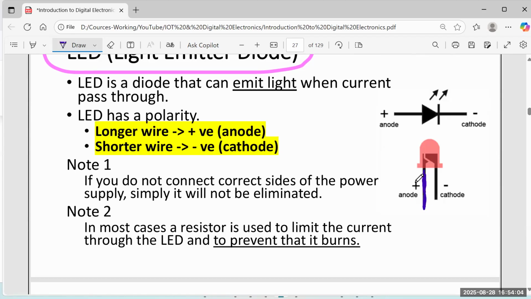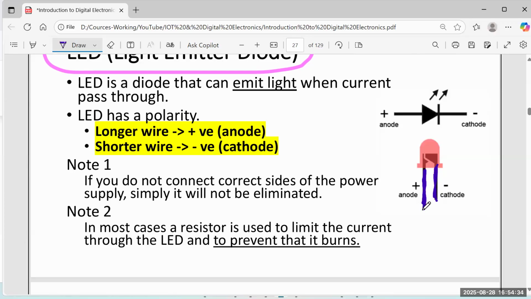The longer side is positive, the anode. The shorter side is negative, the cathode. Okay. So if you swap it, you won't get the light. It won't burn, but you won't get it to light up. So make sure whenever you design a circuit, connect the longer side to the positive, the shorter side to the negative. That is the only thing you need to remember.